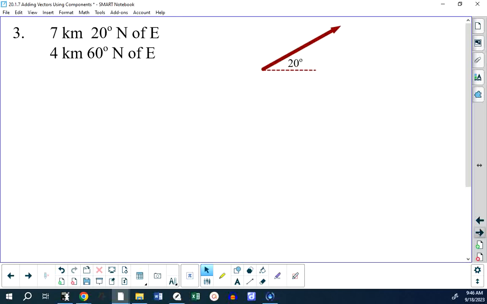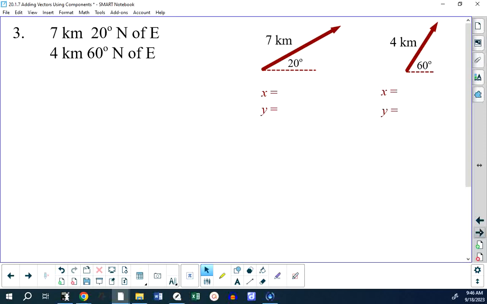So there's the 7 kilometers, 20 degrees north of east, and here's the 4 kilometers, 60 degrees north of east, and you need to find x and y components.